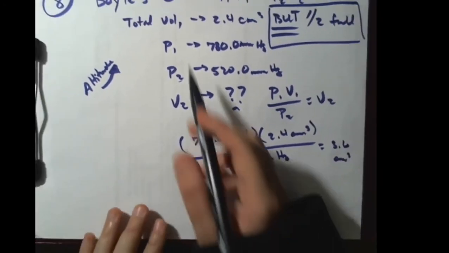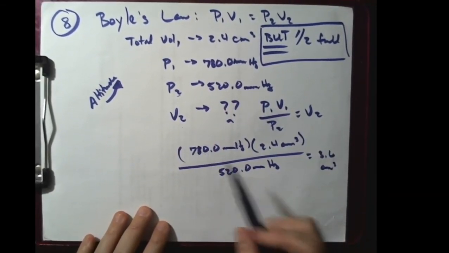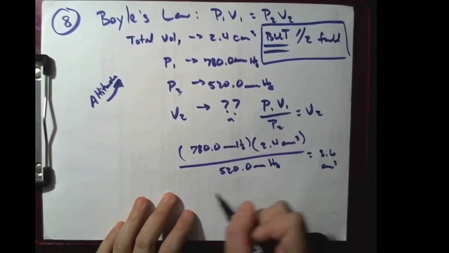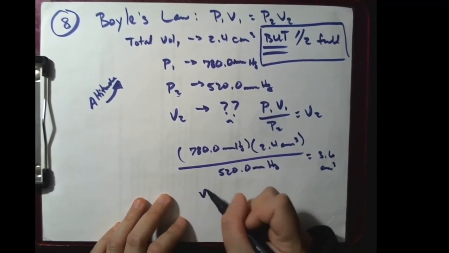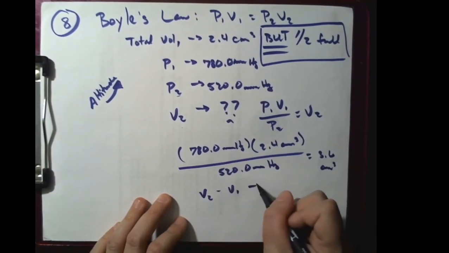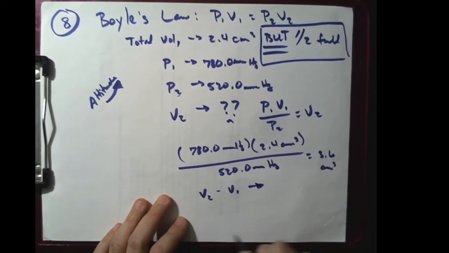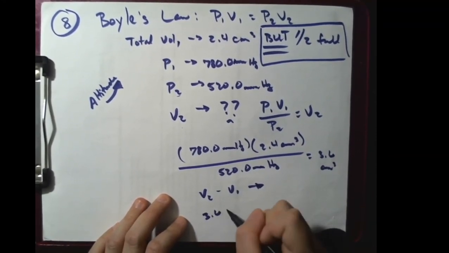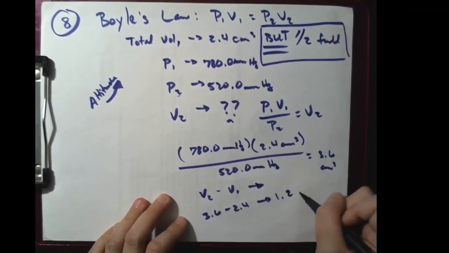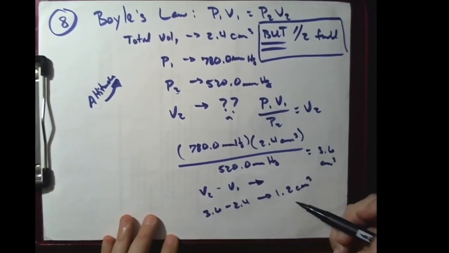Now we know that the total volume is 2.4 and our final volume is 3.6 when it goes up to that pressure. So what we're going to do here is subtract our initial volume from our final volume. And that will give us a more accurate amount of ink in there. So we have 3.6 minus 2.4, which is going to equal 1.2. Now, this is technically how much ink we have.